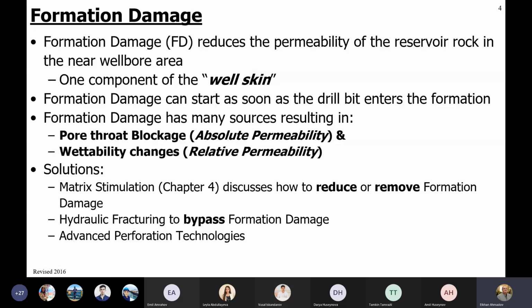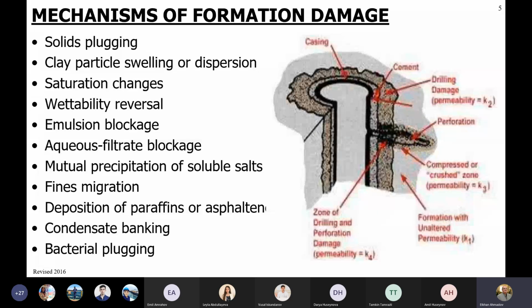We listed mechanisms of the formation damage to understand. We will consider all those types of mechanisms later in more detail.